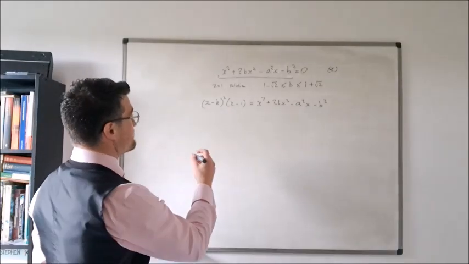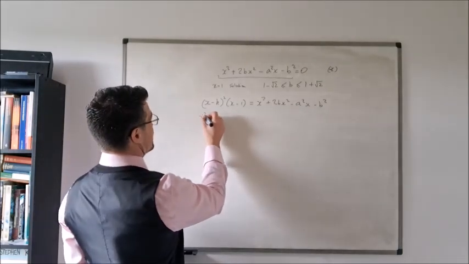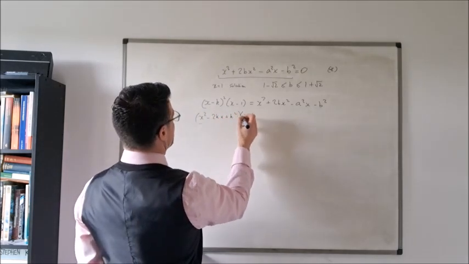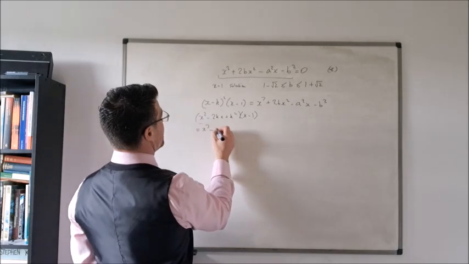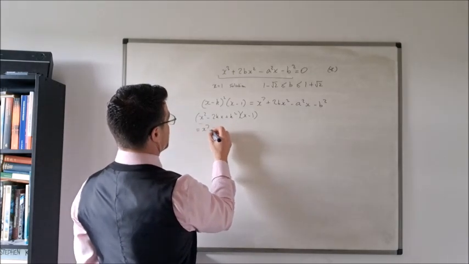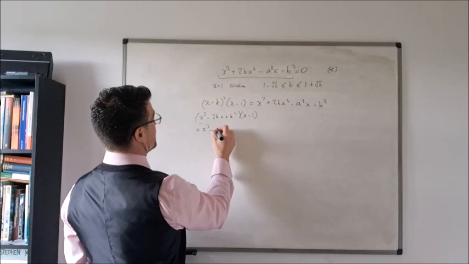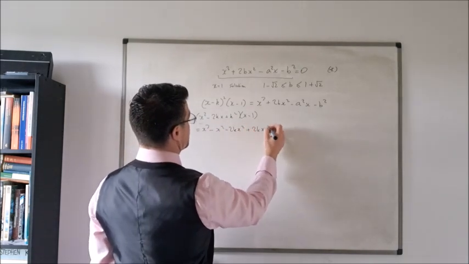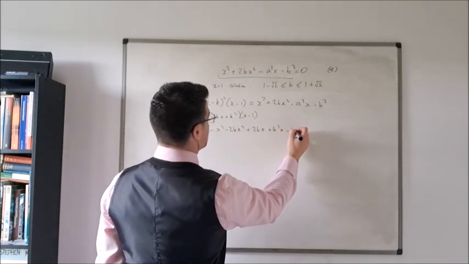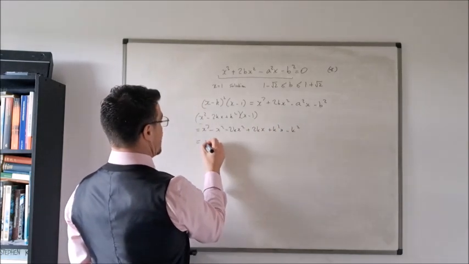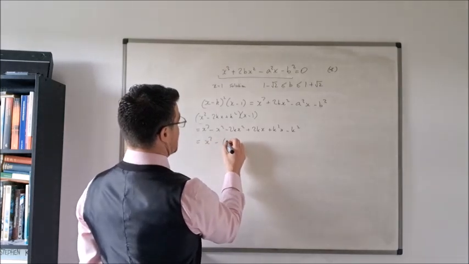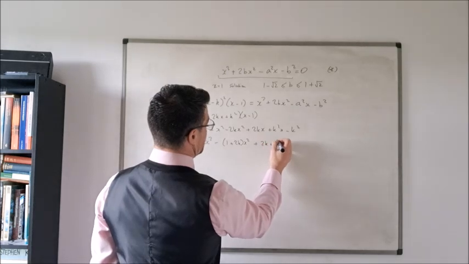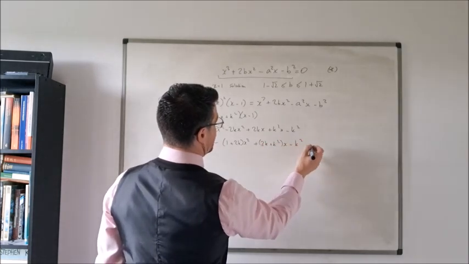And we expand this out. So (x squared minus 2kx plus k squared) times (x minus 1) is equal to x cubed minus x squared, minus 2kx squared plus 2kx plus k squared x minus k squared, which is x cubed minus (1 plus 2k) x squared plus (2k plus k squared) x minus k squared.